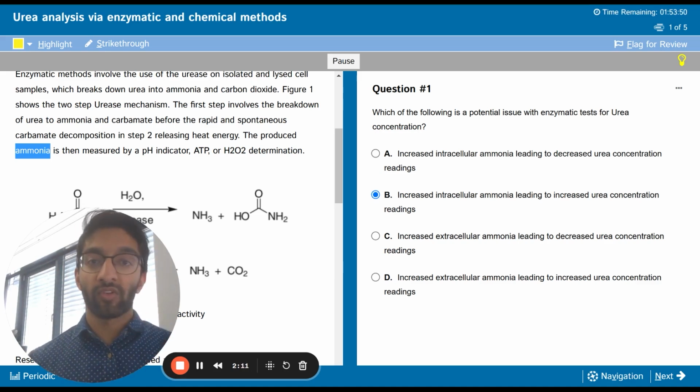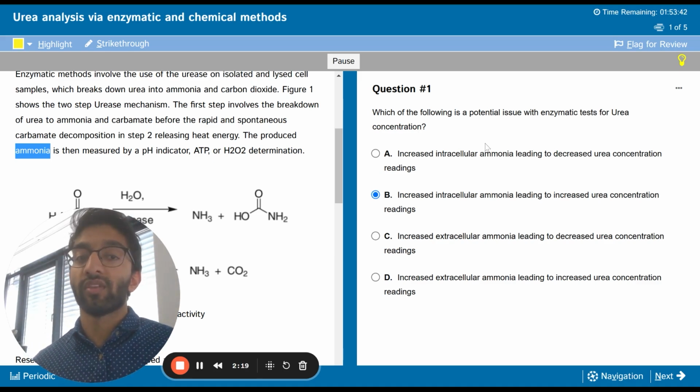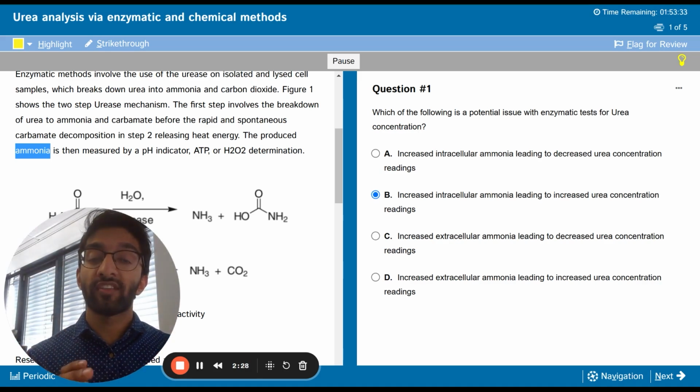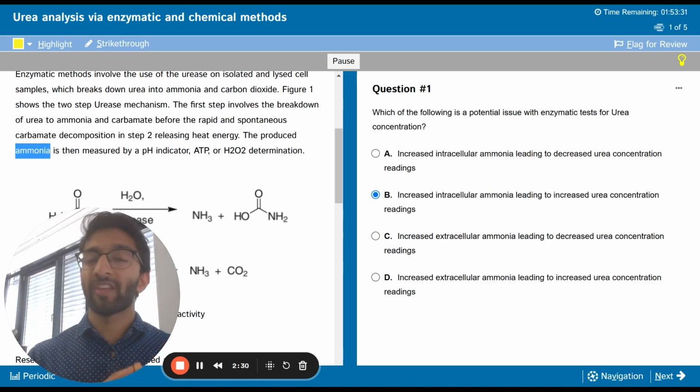If we have 5 molecules each, and then we add urease, right? So we take these cells, we lyse them, and take out the inner contents. That's already a hint for the reasoning behind the answer choice being an intracellular option and not the extracellular option, because we are taking these cells, lysing them, and looking at what's inside. It doesn't really make sense to look at ammonia outside the cell anyway, right?